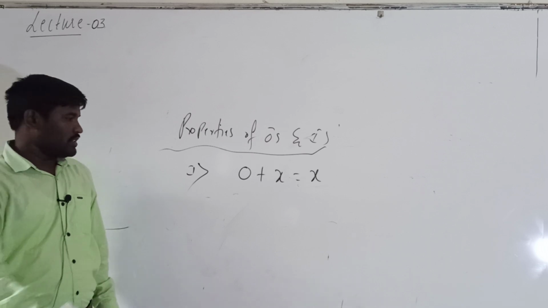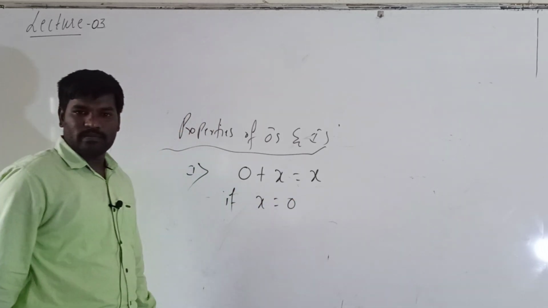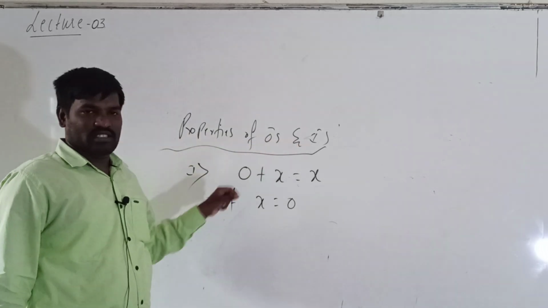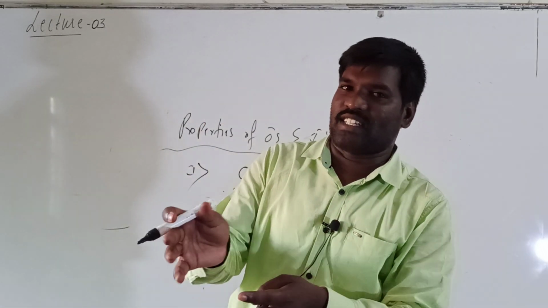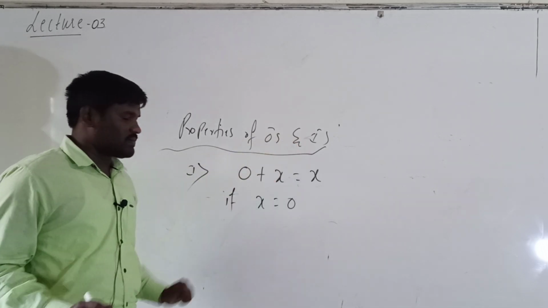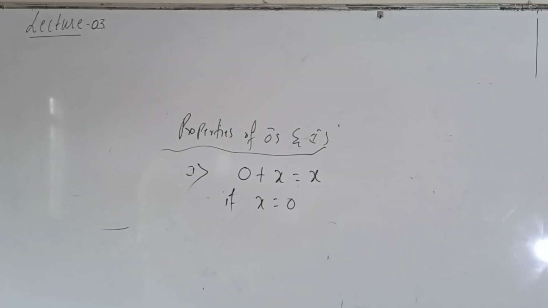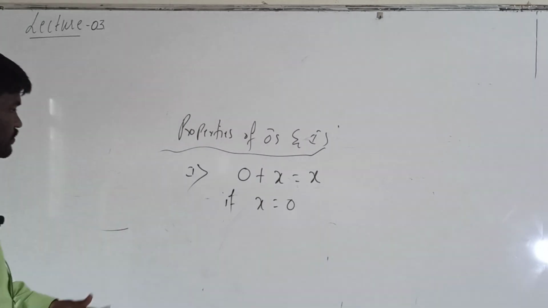With the help of zeros and ones, we have to prove that 0 plus x is equal to x. See here, you can take the x value as 0 and prove that 0 plus x is equal to x. In the same way, for 1. So first I take x is equal to 0.